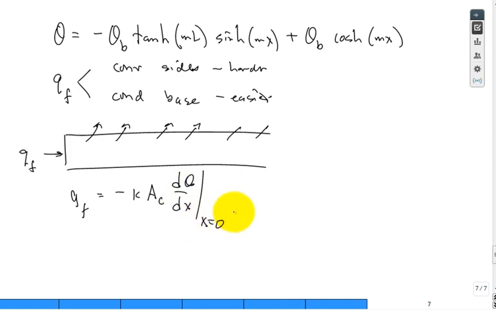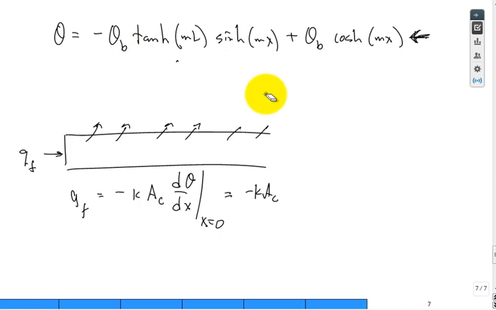Why did we not put temperature? Because we already showed that d theta dx is equal to dT dx. Okay. So now I have my analytic solution right here. We put minus k A sub c. What is d theta dx? Well, maybe I should write it out here. Let me get rid of this, make use of that space.